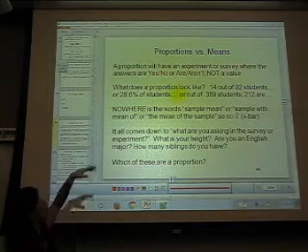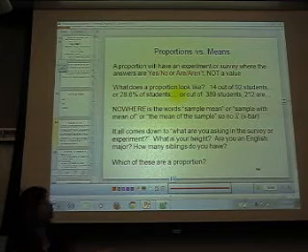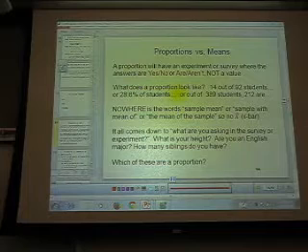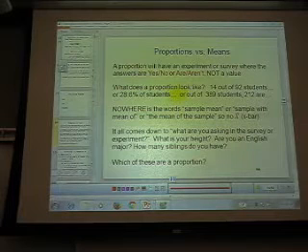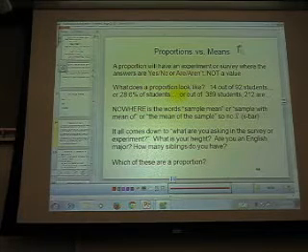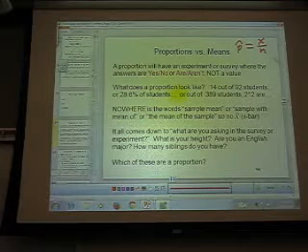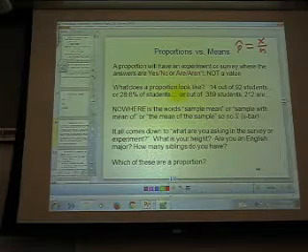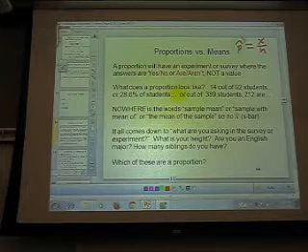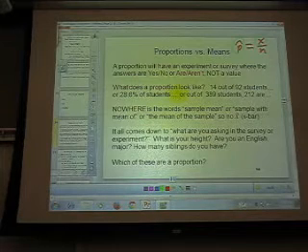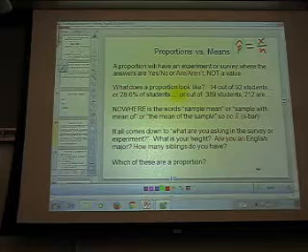But how do you know whether I've given you a p hat or an x? So let me just point this out. We know that p hat is equal to x over n, right? I always give you the n, but I'm going to give you either the p hat or the x, not both. How do you know whether I've given you a p hat or an x?